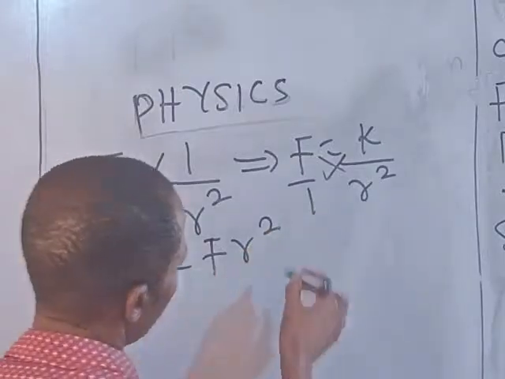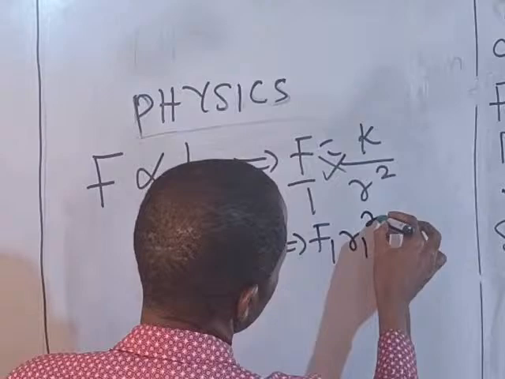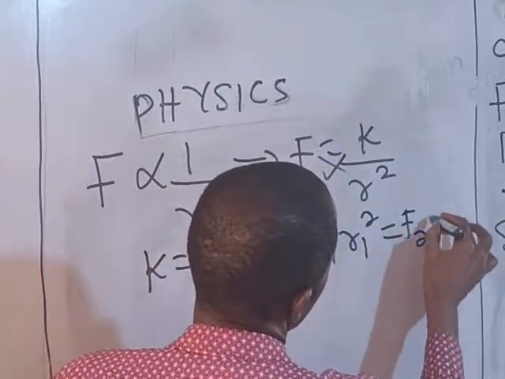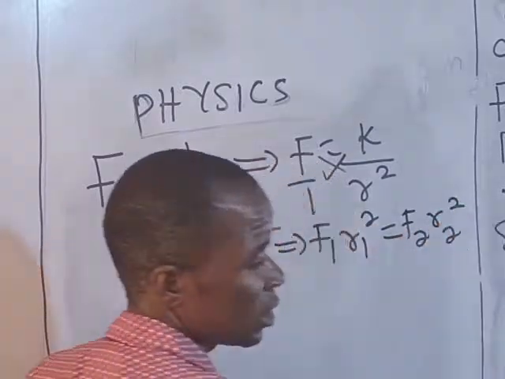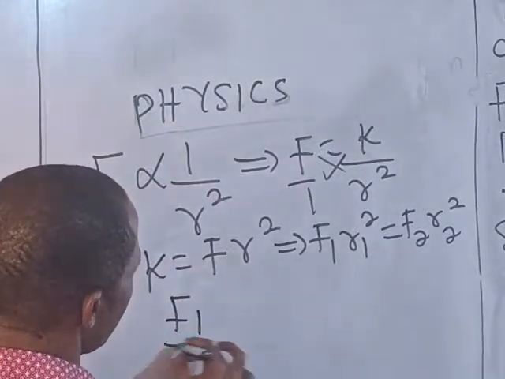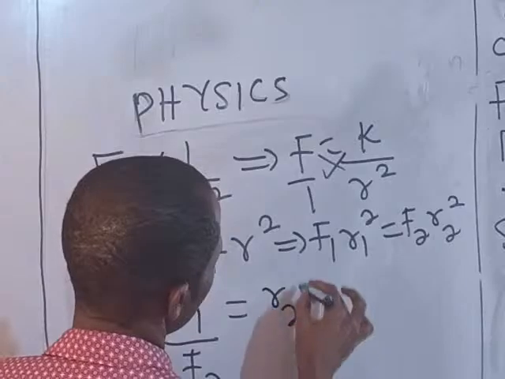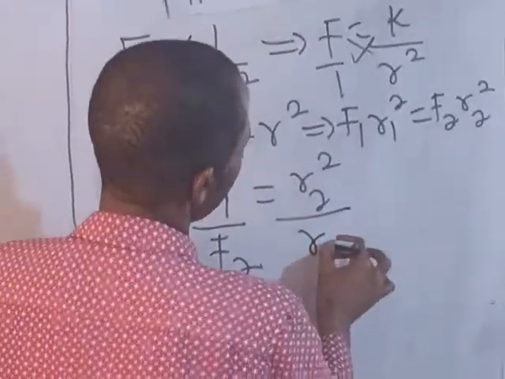So you can have F1 R1 squared is equal to F2 R2 squared. Or if you want to bring the forces together, F1 all over F2 is equal to R2 squared all over R1 squared.